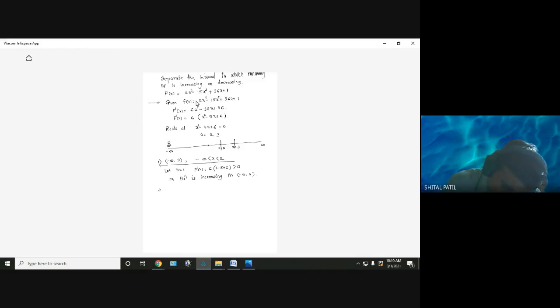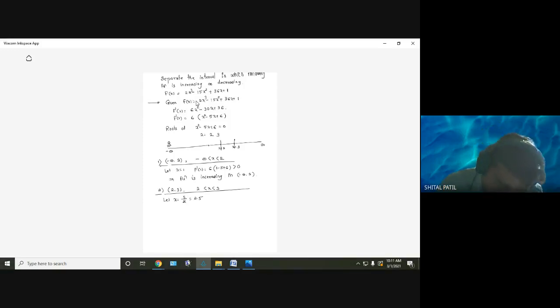Now take the next interval, x between 2 and 3. Let x equal to 5 by 2, 2.5.